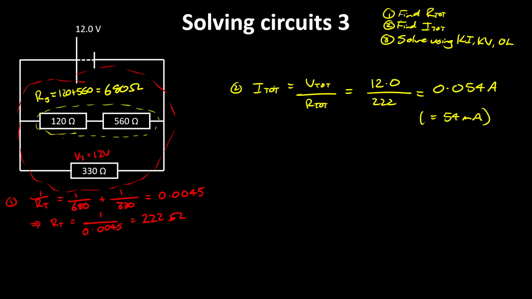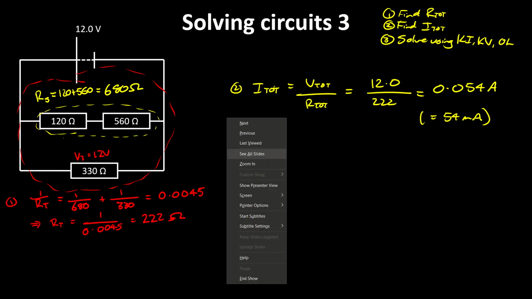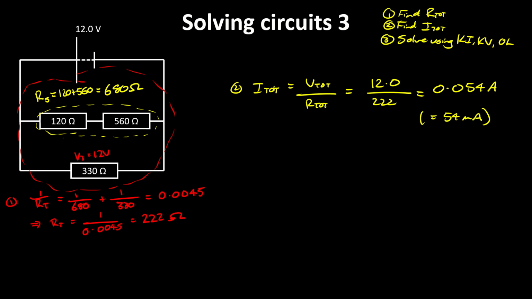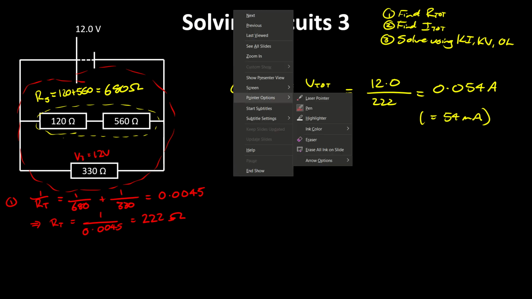It's going to be 12 volts. Because in the outside loop here is the power supply and the 330 ohm resistor. Those are the only two things. There's the power supply giving 12 volts. The 330 ohm resistor must be using 3 volts. That's right, it must be using 12 volts.